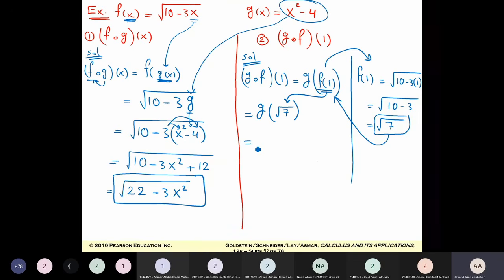Now substitute radical 7 in g. We have x squared. This means radical 7 squared minus 4. Radical 7 squared equals 7 because the radical cancels with the square. Minus 4. So we have 3. This is the value of g composite f at x equal 1.